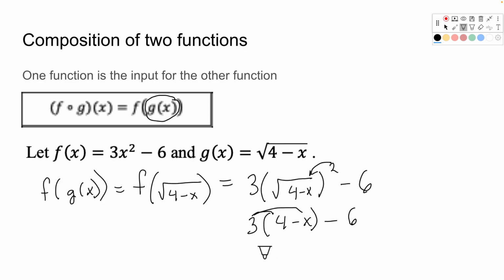So 3 times 4 is 12, minus 3x, minus 6. And then now I can take 12 minus 6, gives me positive 6 minus 3x, and that's as simplified as I can get it. Okay.